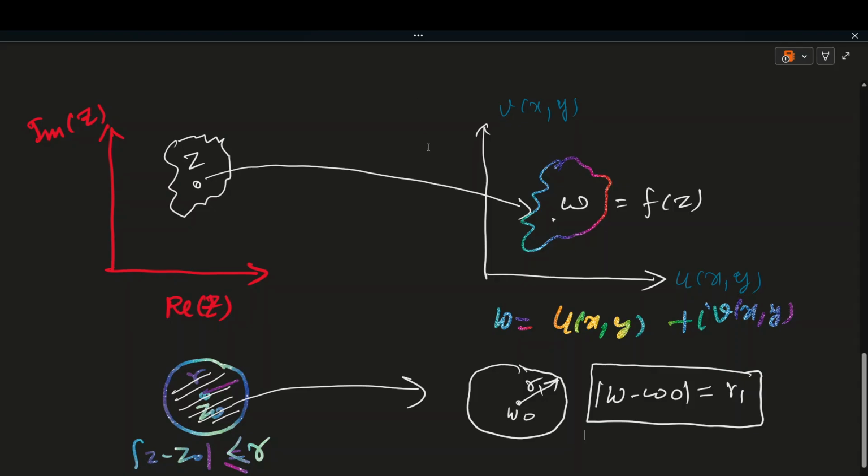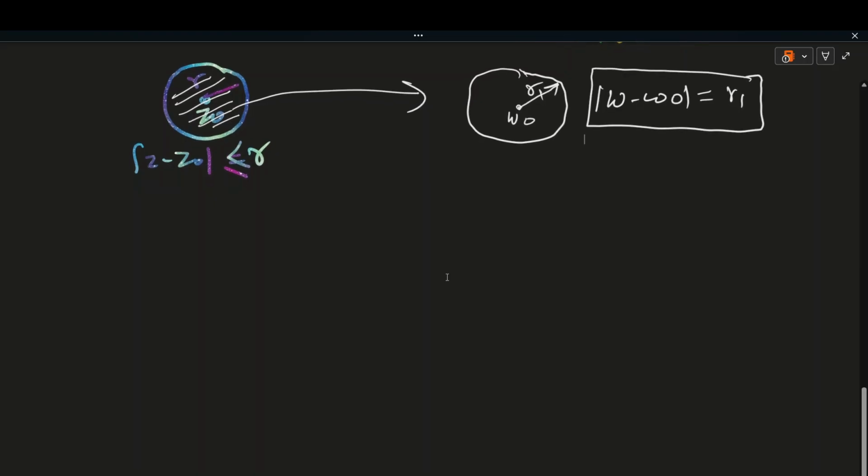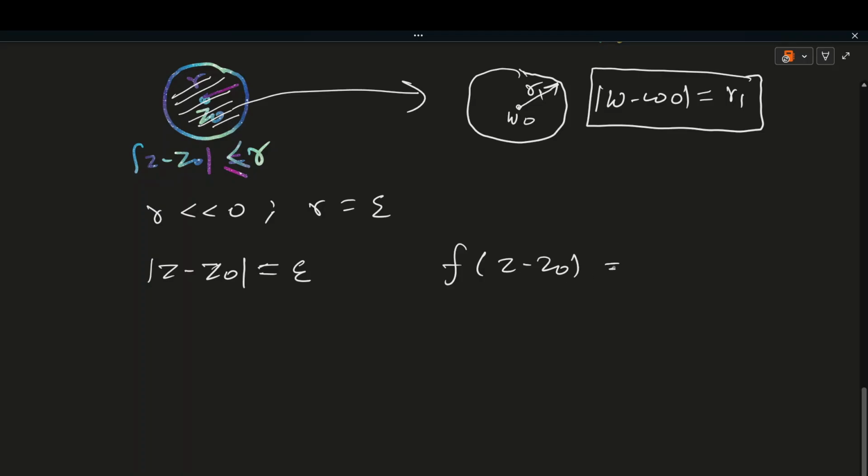We will see further what we are saying here. Suppose r is very small, like epsilon, as we know in a real-valued function about the epsilon-delta definition. So |z minus z naught| is nothing but this epsilon, and we will surely get some delta for this |f(z) minus f(z naught)|.